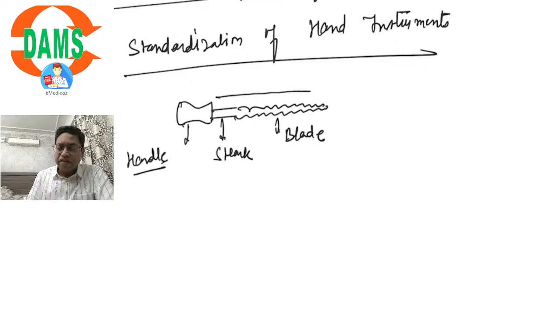The total length of the instrument is designated as the length of the shank plus blade of the instrument.